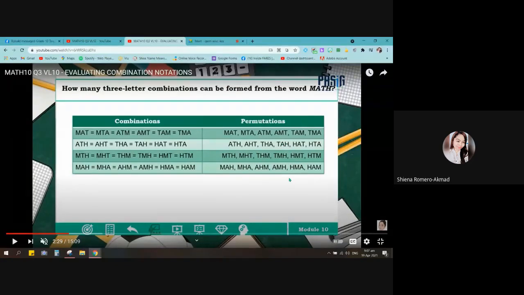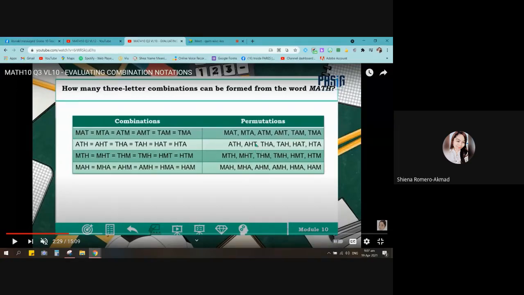Okay? Pero, remember that when it comes to combination, we don't care about the order, we don't care about the arrangement, as long as you use the same letters, which is MAT, therefore we consider them as one arrangement only.